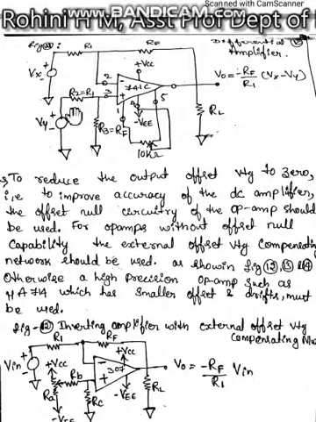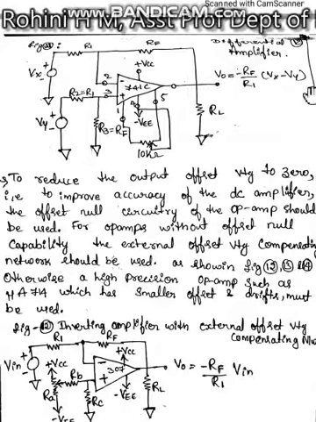Here R1 and R2 values are almost the same. So minus RF by R1 into V1 minus V2, where the V1 voltage is Vx and the V2 voltage is Vy. So we can write Vout is equal to minus RF by R1 into Vx minus Vy, or RF by R1 into Vy minus Vx if we take this minus inside.